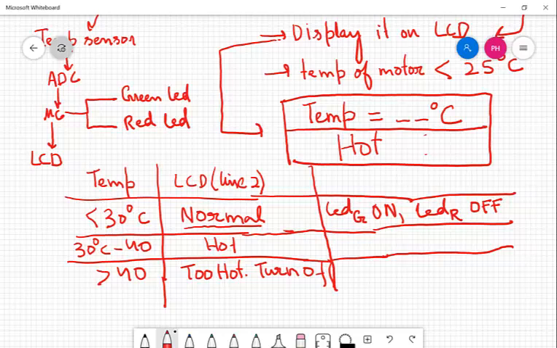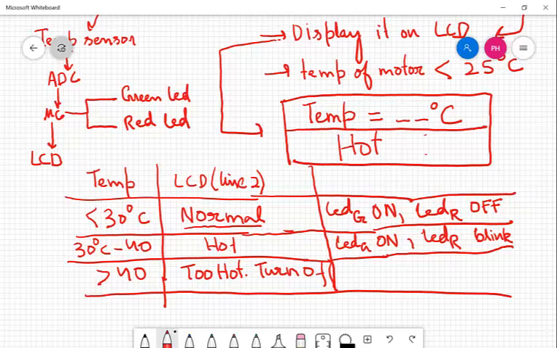And when the temperature is between 30 degrees Celsius and 40 degrees Celsius, that the machine is hot, then LED green should again be on, but this time LED red should be blinking. And in the third condition, when the machine is too hot and we need to turn it off, then LED green should be off and LED red should be on.